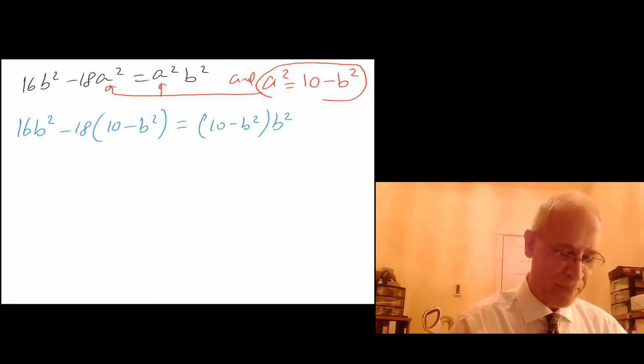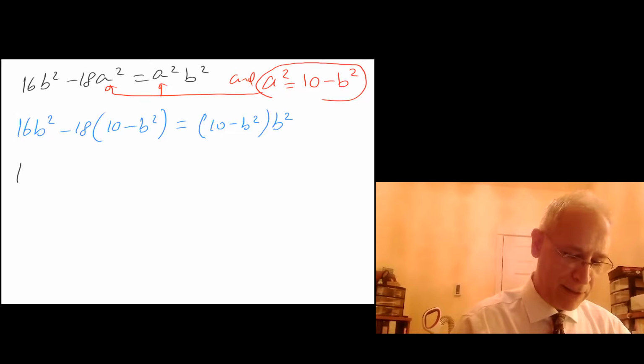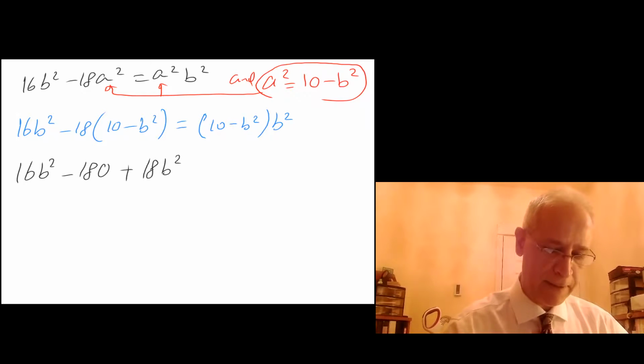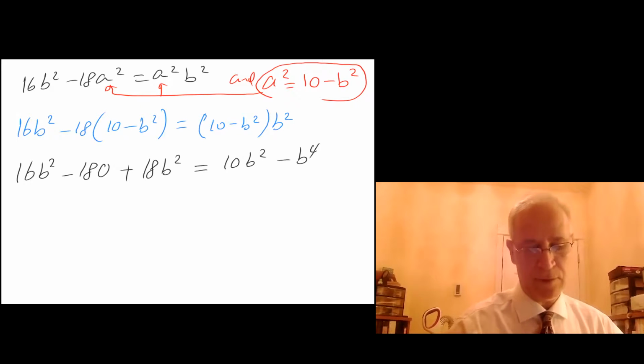So now I got 16b squared minus 180, negative times negative is positive, so positive 18b squared equals 10b squared minus b to the power of 4.